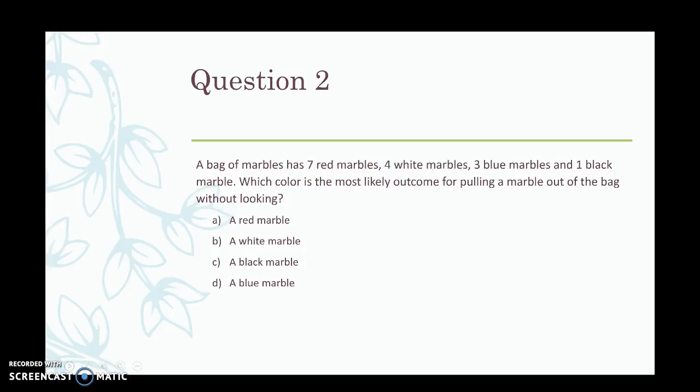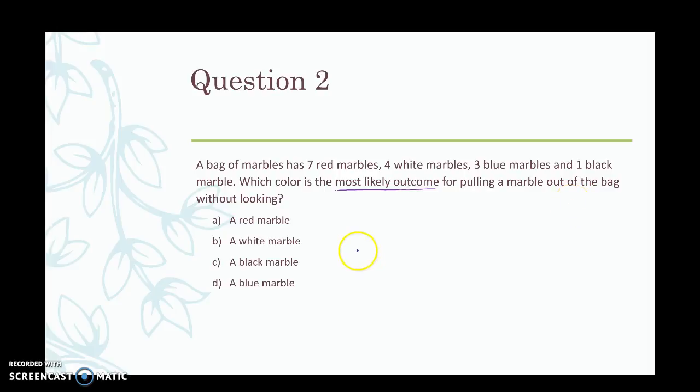Now let's take a look at number 2. A bag of marbles has 7 red marbles, 4 white marbles, 3 blue marbles, and 1 black marble. Which color is the most likely outcome for pulling a marble out of the bag?